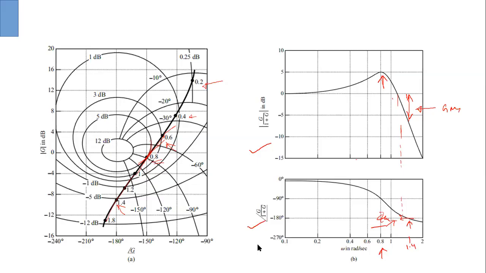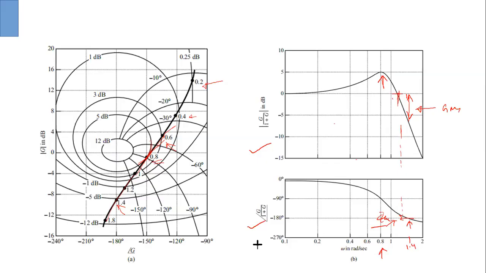Okay, so this is one thing. So we figure out what is your phase margin frequency. Now, what about the gain margin frequency here? It is related to the 0 dB crossing line.